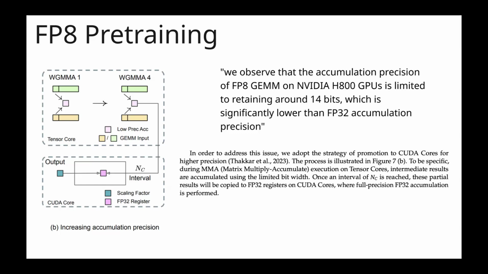Then they pull this result into the regular CUDA cores, not tensor cores, not lower precision cores, expand them to full precision, and then do the accumulation there. So why this works is that once in every 4 accumulation steps, you do the accumulation in full precision so that you're not losing a lot of precision against the baseline, against the full precision training. I hope that makes sense.